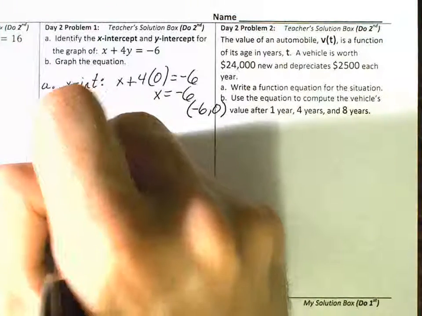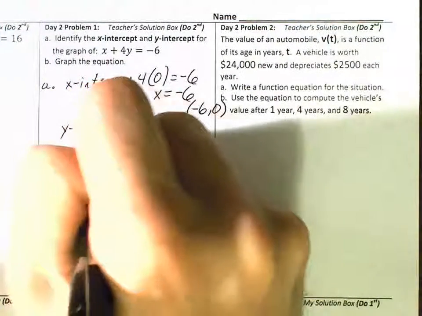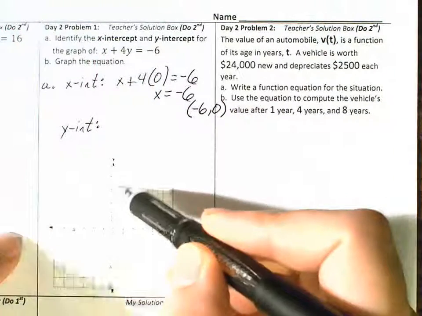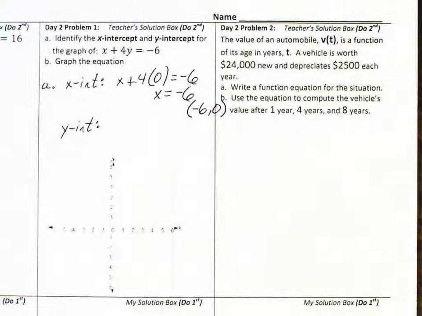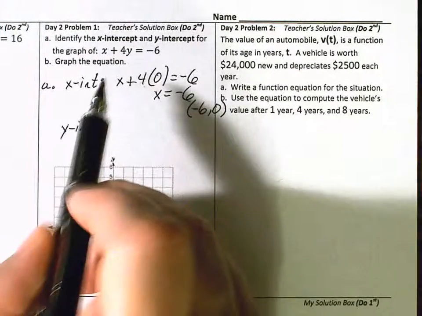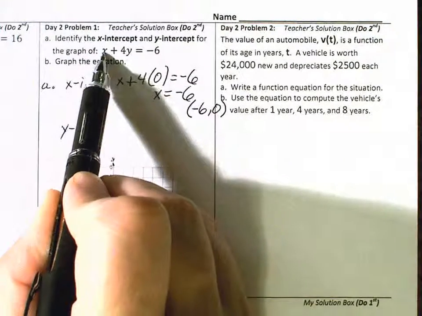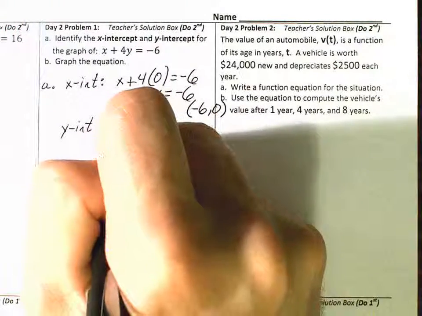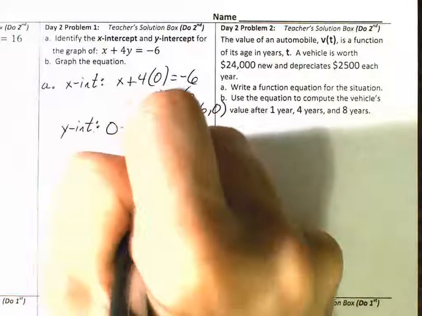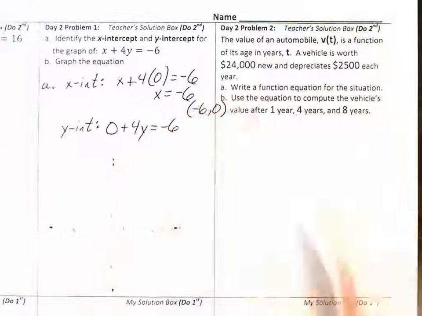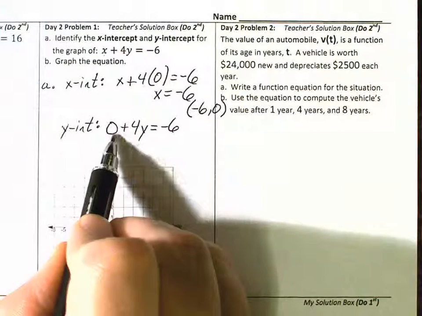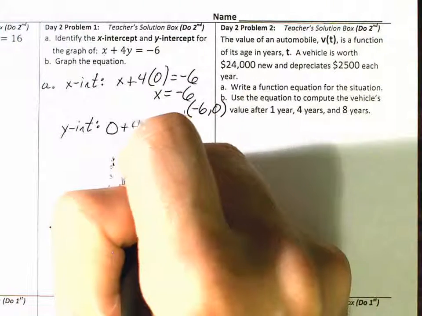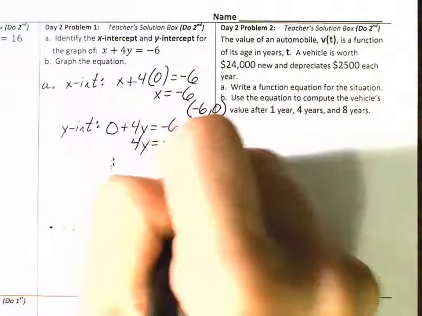Now the y-intercept. The y-intercept is a dot on the y-axis, and any dot on the y-axis will have as its x-coordinate a 0. And so we can find the y-intercept by filling in a 0 for the variable x. It's going to create this equation. Zero is like having nothing here at all, and so this could be rewritten as just 4y equals -6.